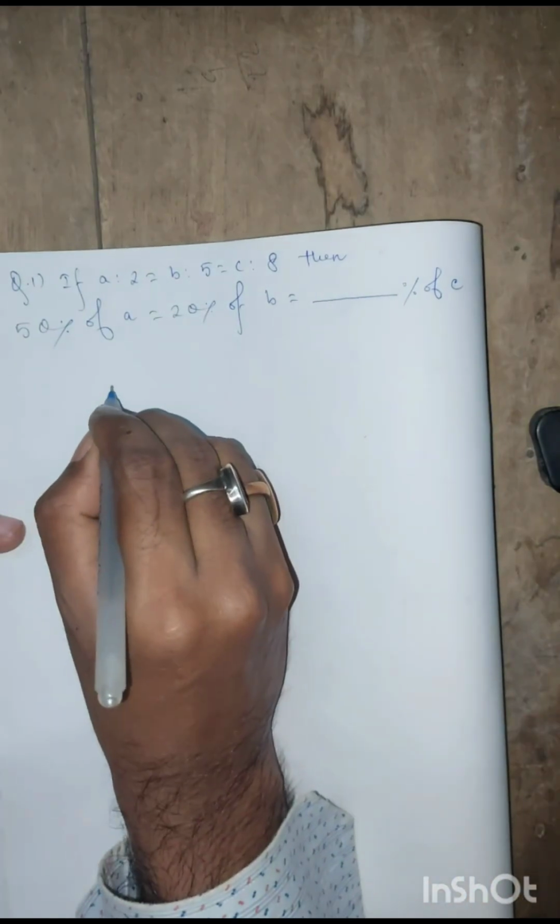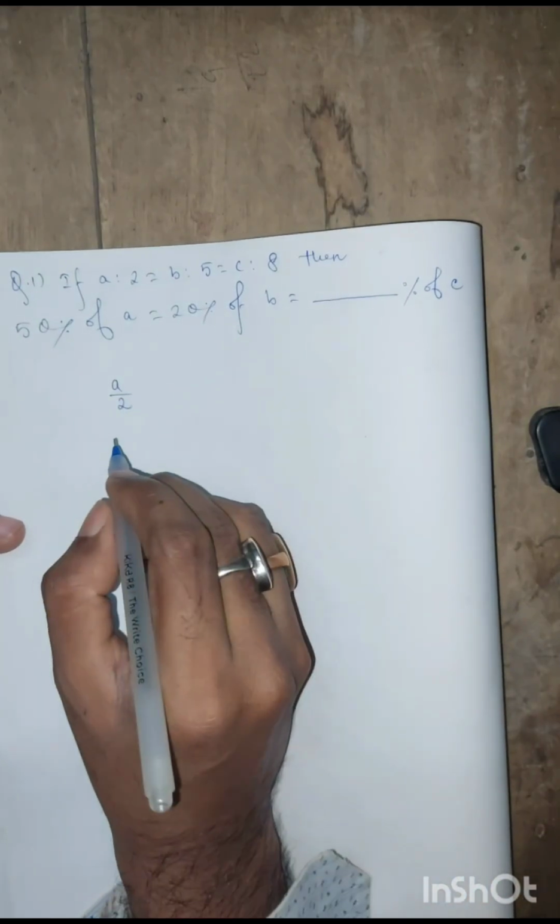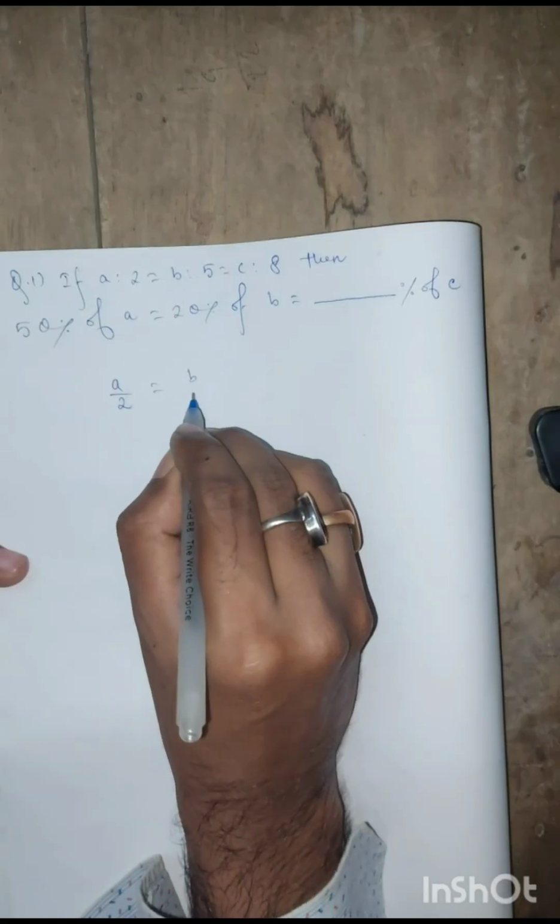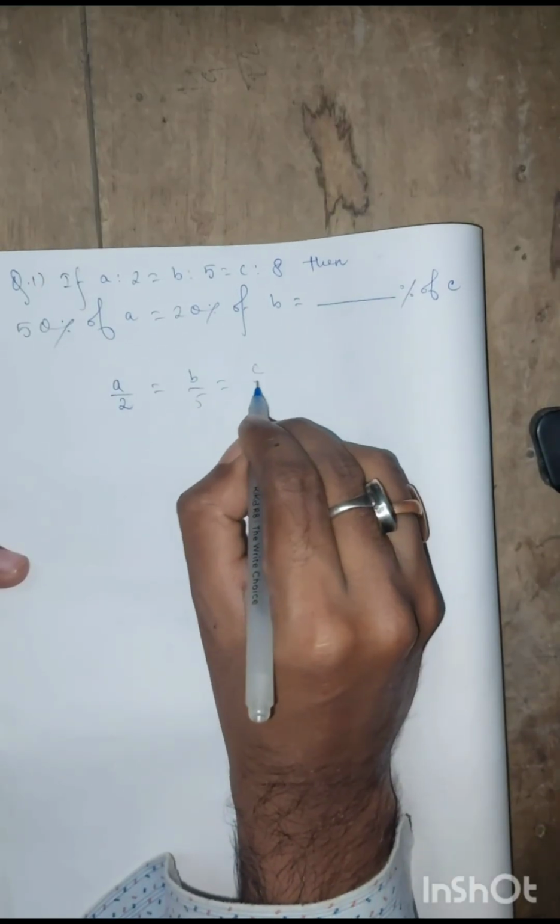So let us first write it. A by 2 is equal to B by 5 is equal to C by 8.